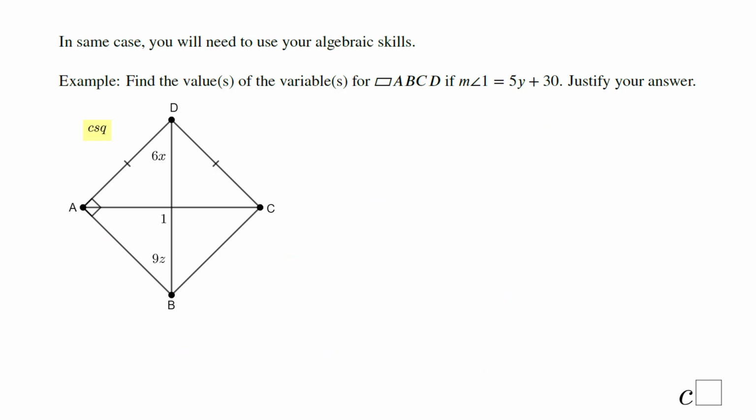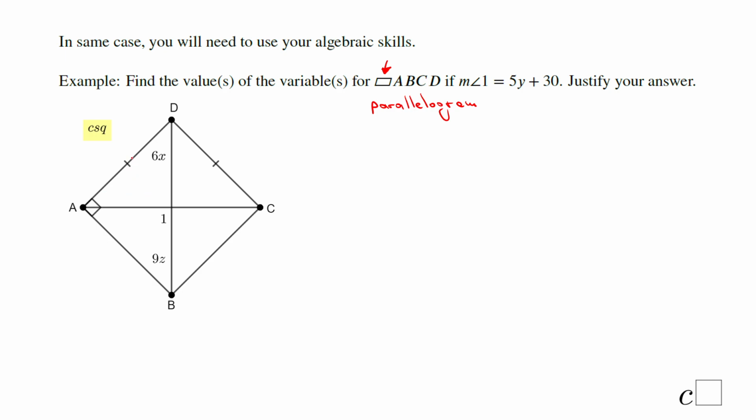On this one we have to use some algebraic skill. Find the values of the variables for, and this is the meaning of this sign, parallelogram ABCD. So be careful. Okay, but now let's take a look at the picture.